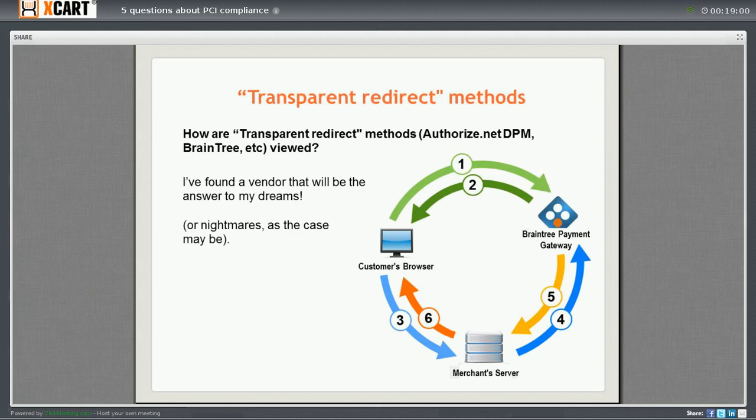Always remember one thing when you're selecting one of these types of vendors, your name is still printing on that cardholder statement. If there is a problem with the transaction or if there is any kind of breach, no consumer out there, no newspaper or online publication venue will recognize the fact that you used a third-party redirect method.